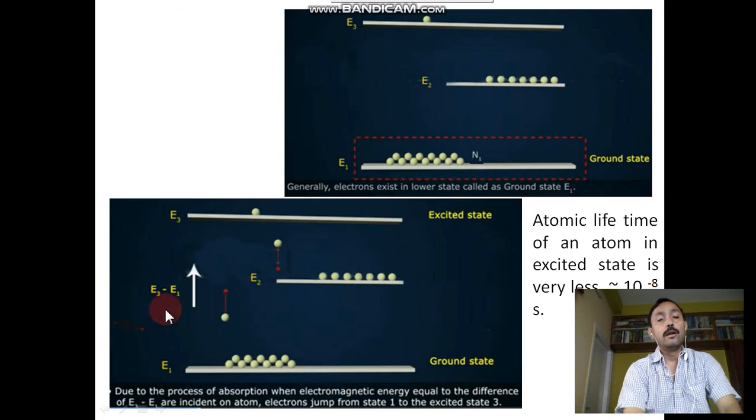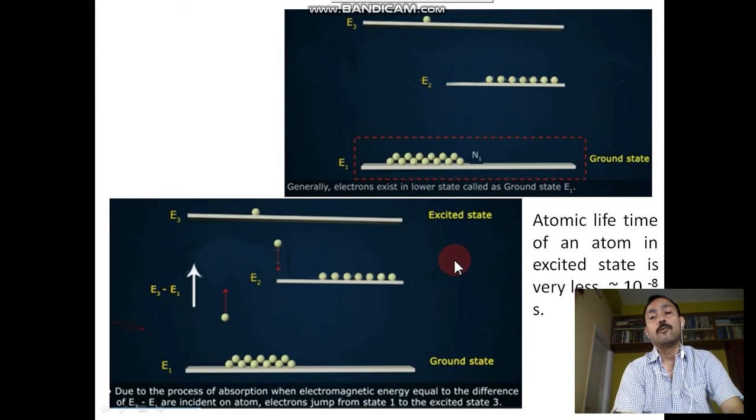Now, when a photon of energy h nu is incident on the system, due to the process of absorption, when electromagnetic energy equal to the difference of E3 minus E1 is incident on the atom, electrons jump from state E1 to the excited state E3. This is the difference of energy. This is the photon.